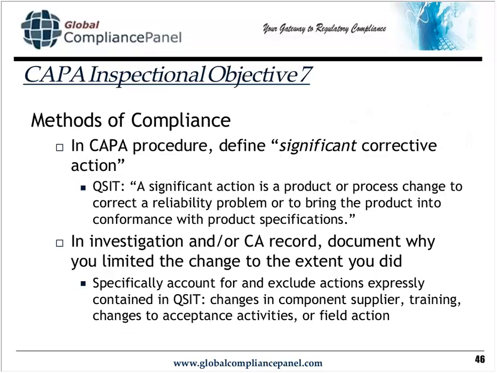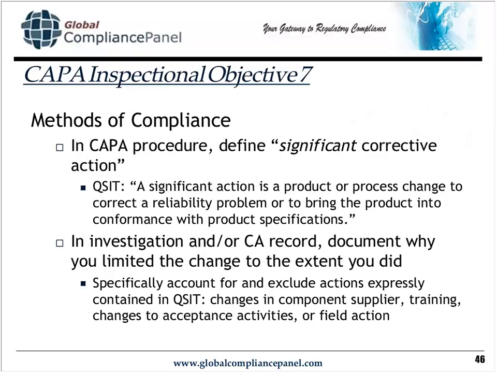So you want to define significant corrective action in your procedure, and here's one that's actually from the QSIT. So feel free to use this, as I have many times in my CAPA procedure. And in the investigation or the corrective action record, why did you limit the change?